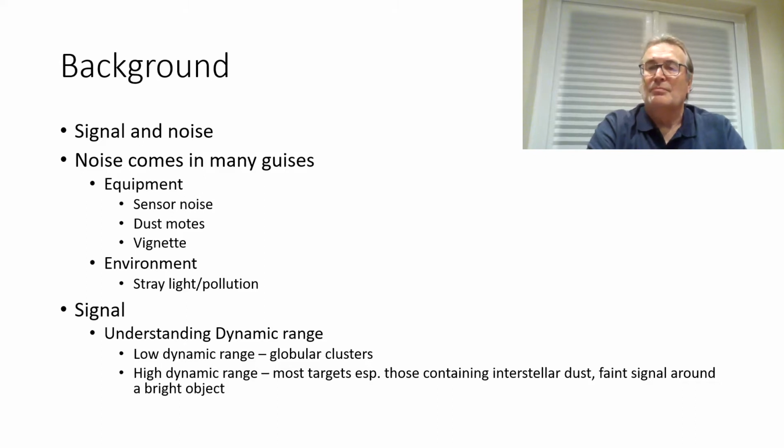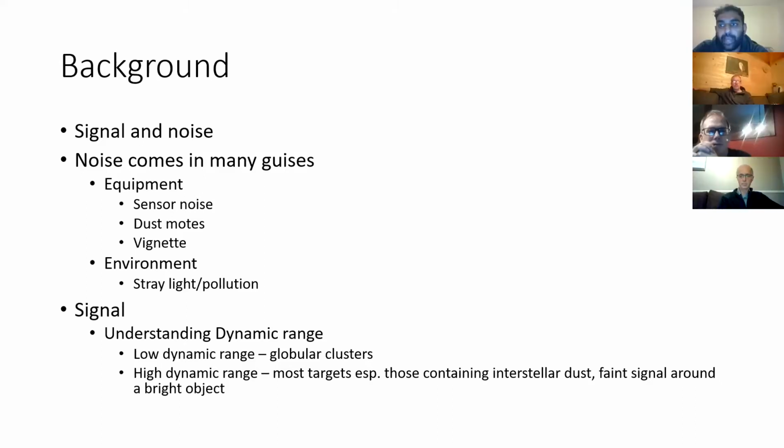One of the most important elements when thinking about both acquiring and processing your images is the dynamic range of both the target you're photographing and the components of that field of view.